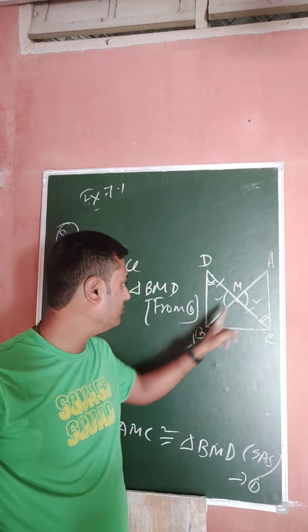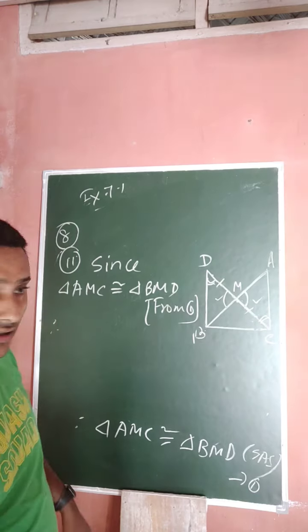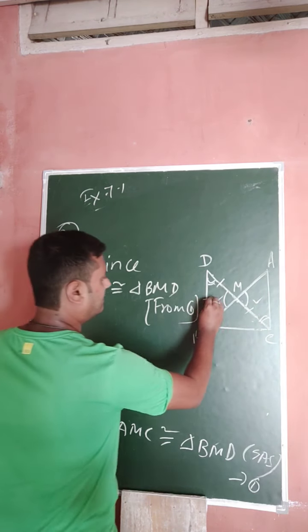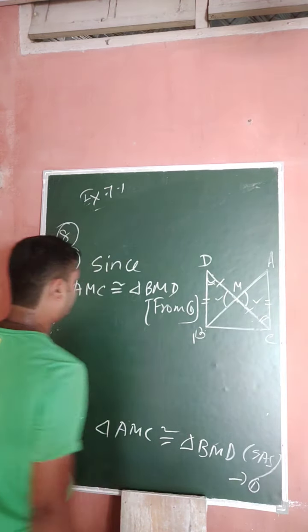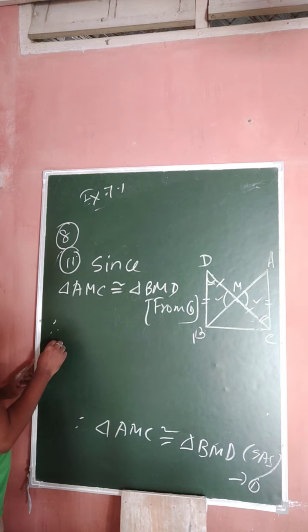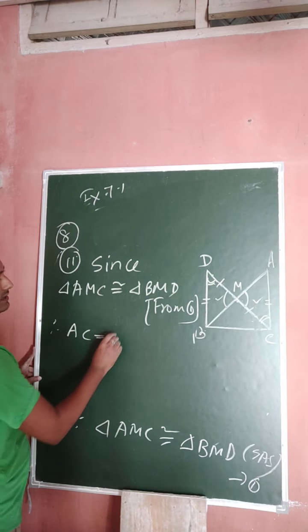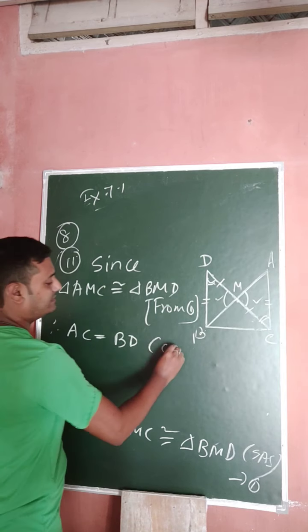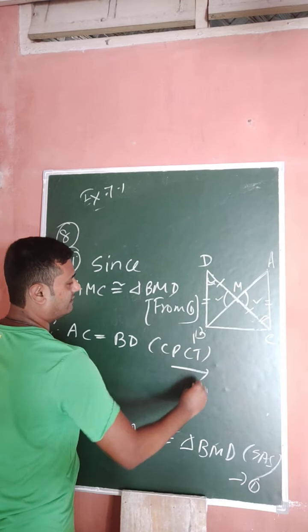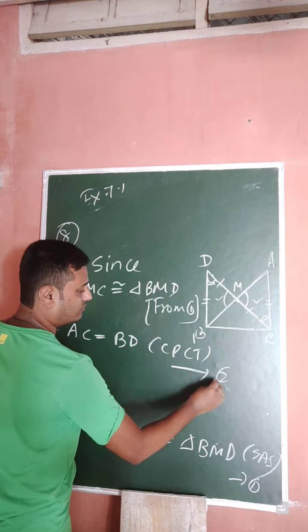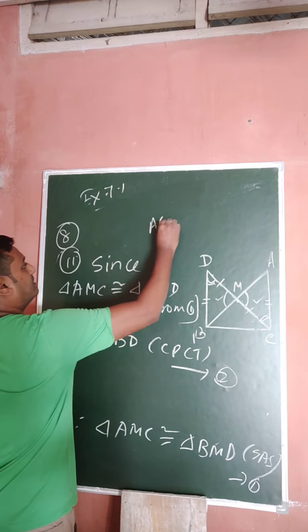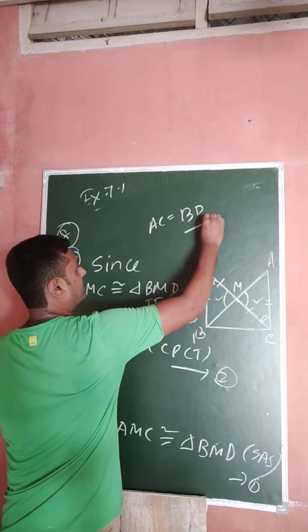Similarly, this side will be equal to this side, CPCT. Okay, so you can write one thing here. At first, suppose you write AC is equal to BD, CPCT, and give number 2 here. AC equal to BD, we have to use these things later.